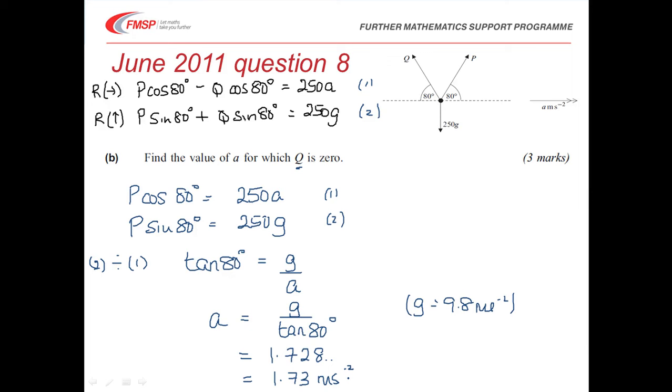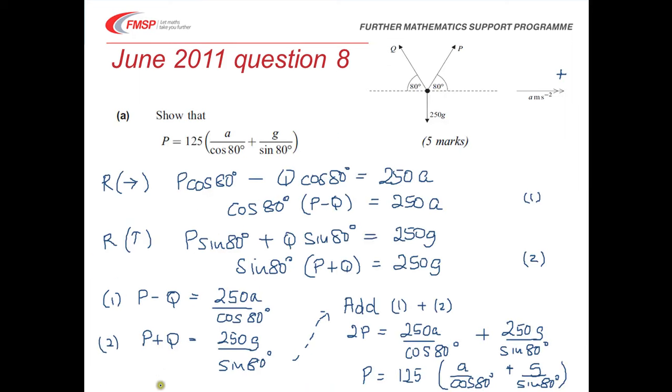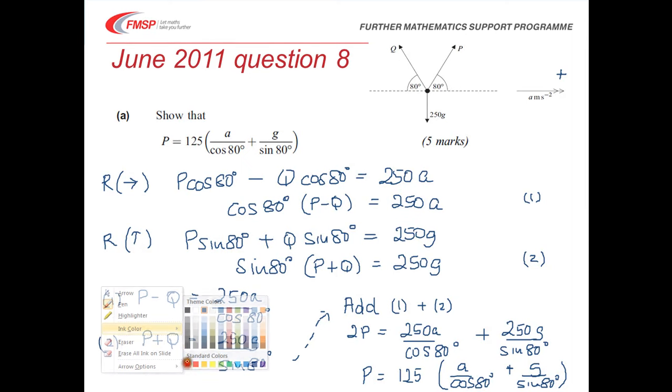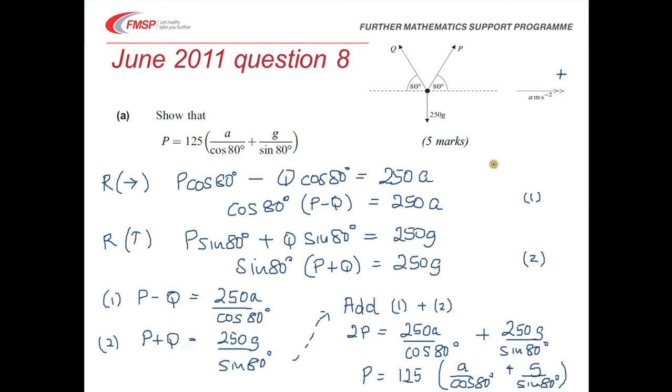If we go back and check on how these marks have been awarded for the whole question, in part A you got a method and an accuracy mark for resolving horizontally, and then another, independent mark, a B mark, for stating the resultant when you resolve vertically.